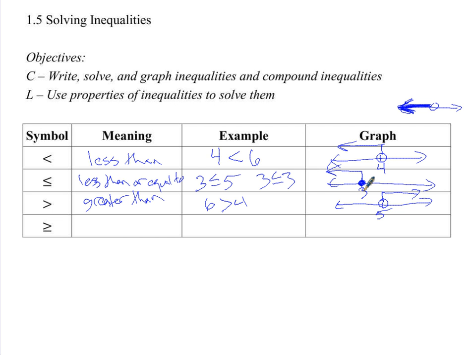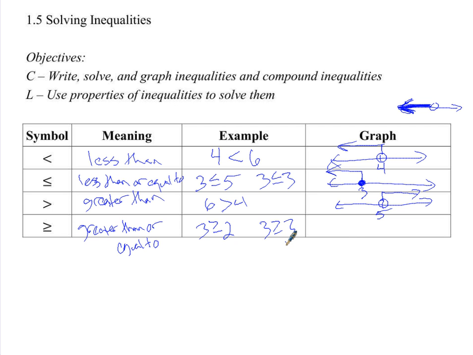Okay? Finally, the last one. Good? Greater than or equal to. So for example, I could have 3 is greater than or equal to 2. I could have 3 is greater than or equal to 3.